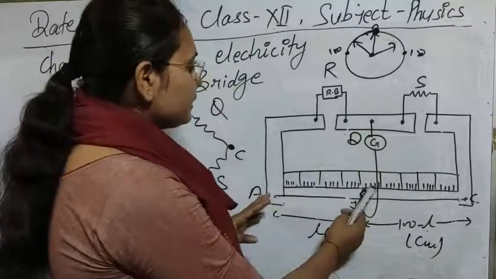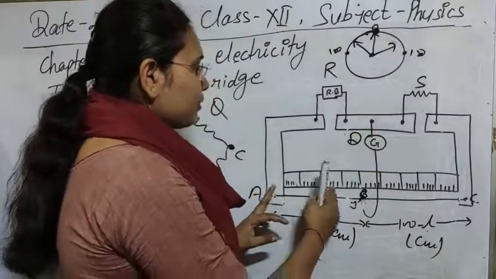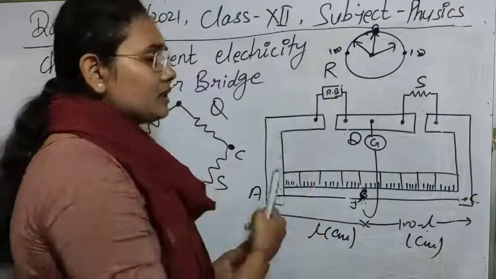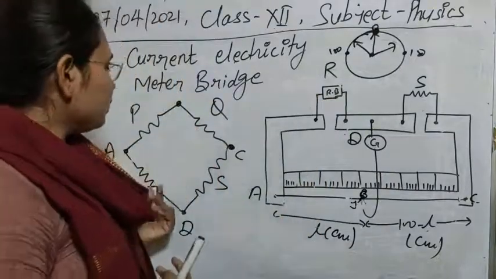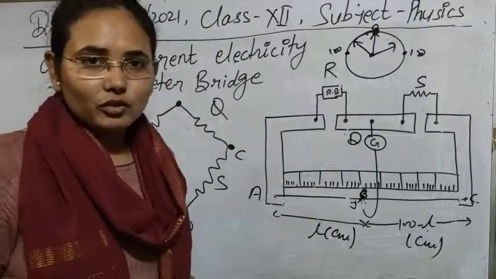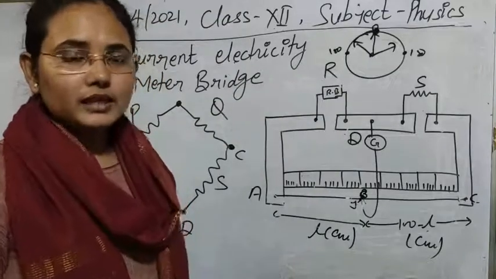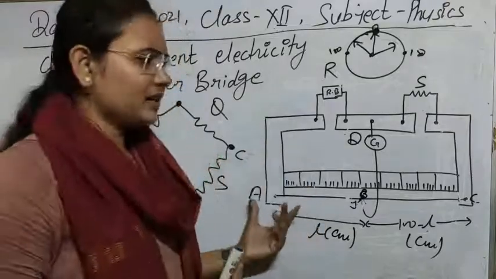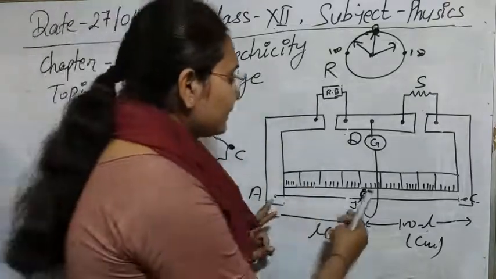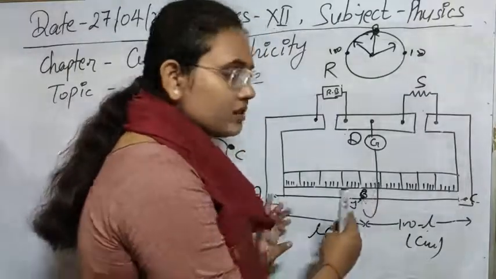If we change the resistance box R, the length of the null point will also change, because due to the change in resistance the current will change, and due to the change in current the null point will be shifted towards either side.